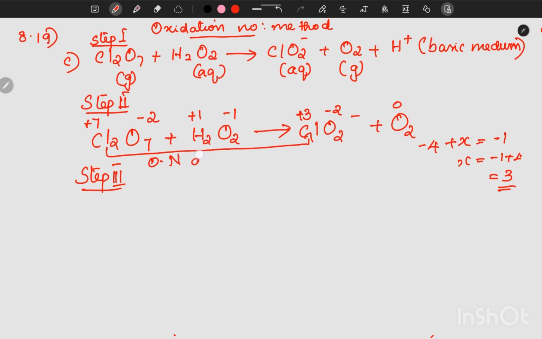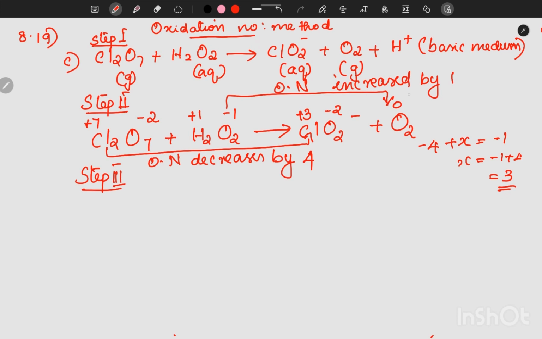Oxidation number decreases by 4 for one chlorine atom. And in the case of oxygen atom, we can see the oxidation number increased by 1. 0 minus minus 1, so it is 1.